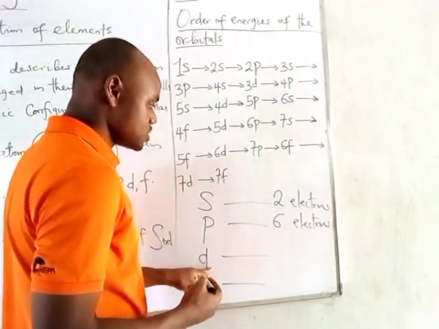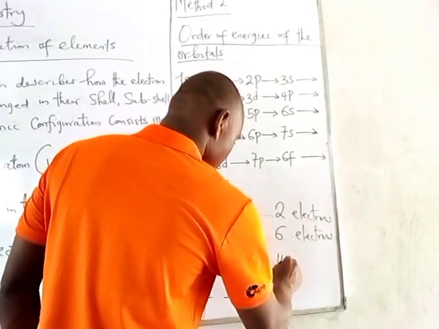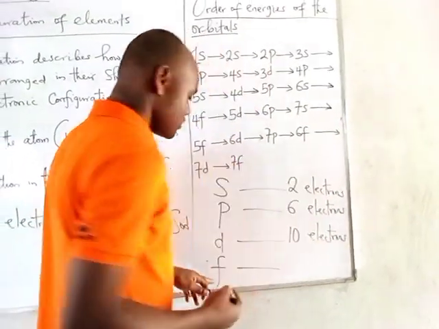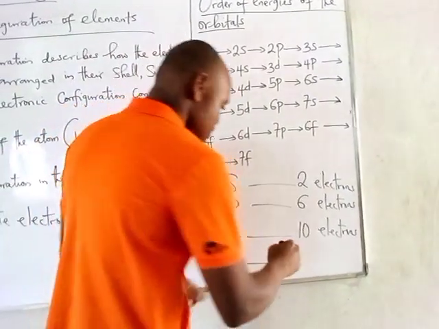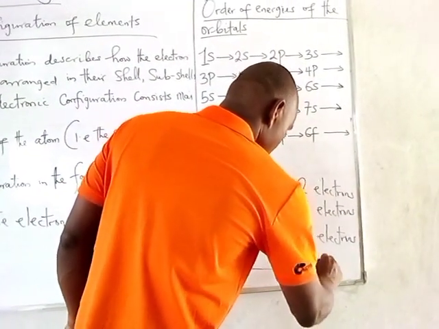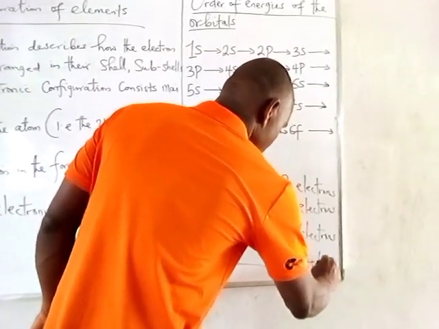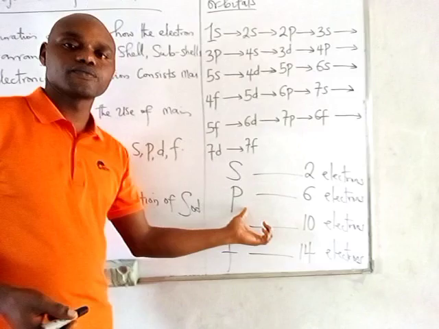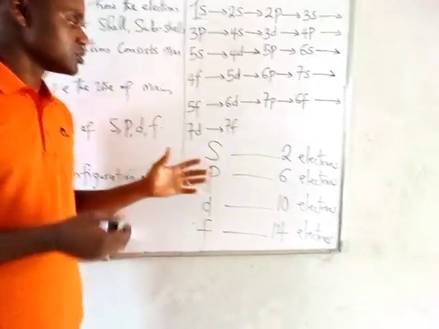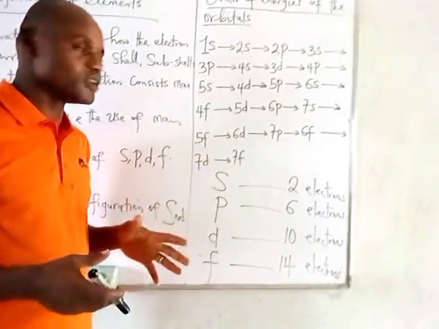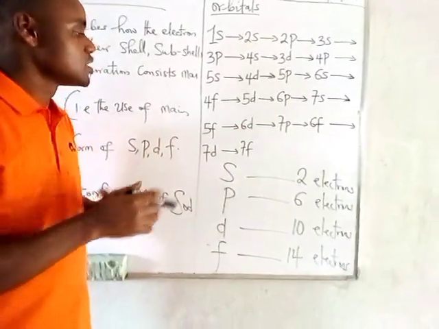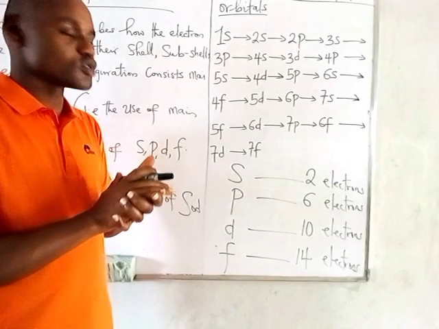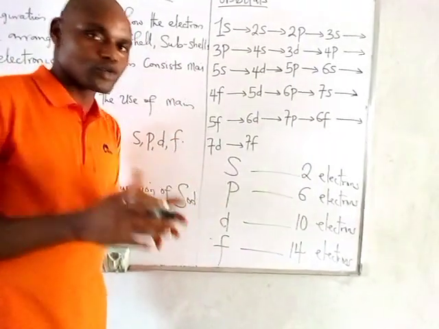For the diffuse, which is the D, it is 10 electrons. And finally, for the fundamental, which is the F, it is 14 electrons. We are going to use this principle to solve any problem relating to electronic configuration, and we'll consider that very soon.